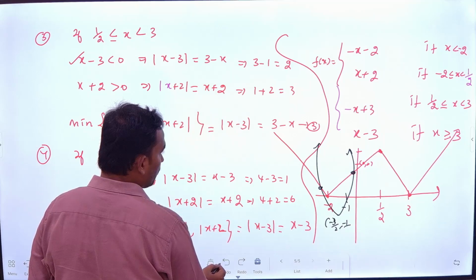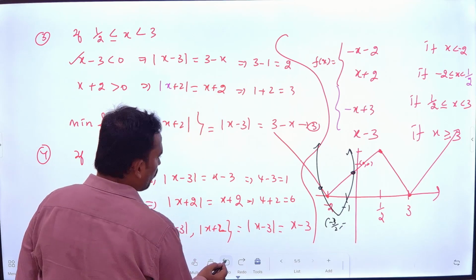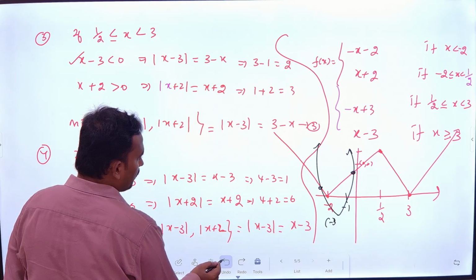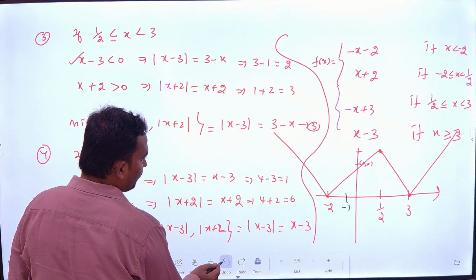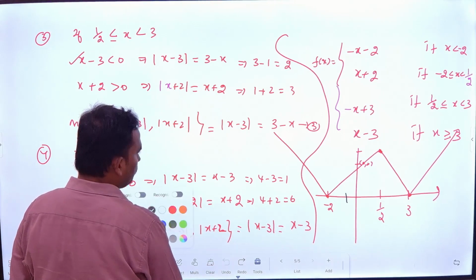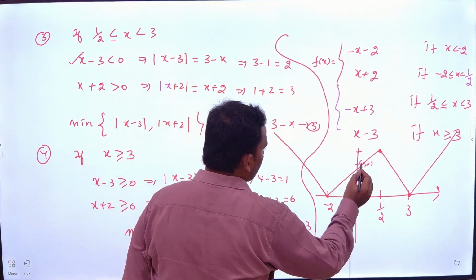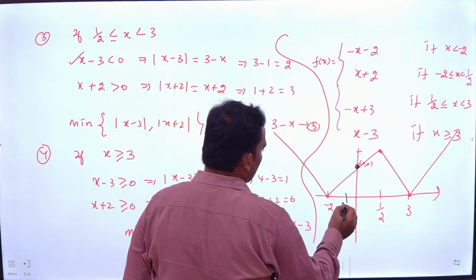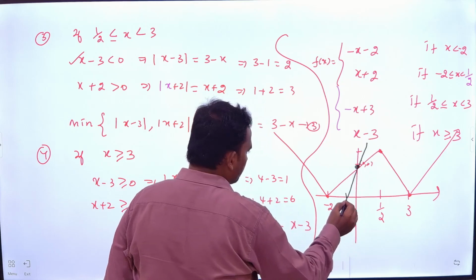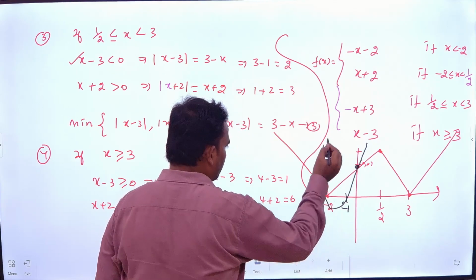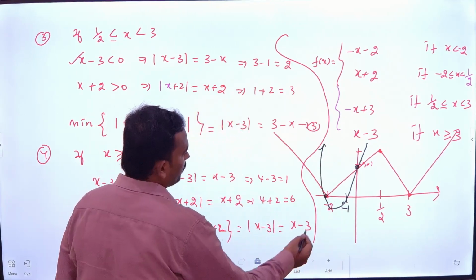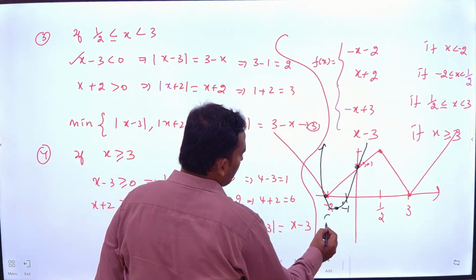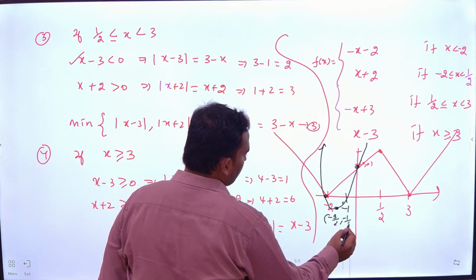You can see the y-intercept of the parabola is 0 comma 2, no? So that means it will be intersecting at this point, right? The graph will be going like this. This point is minus 3 by 2 comma minus 1 by 4.